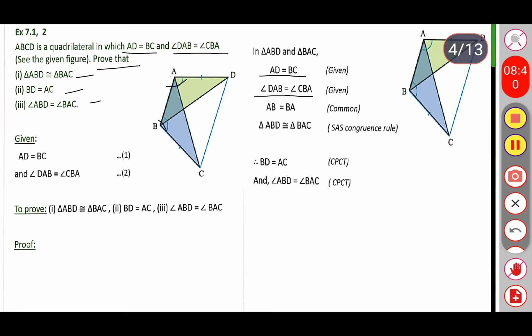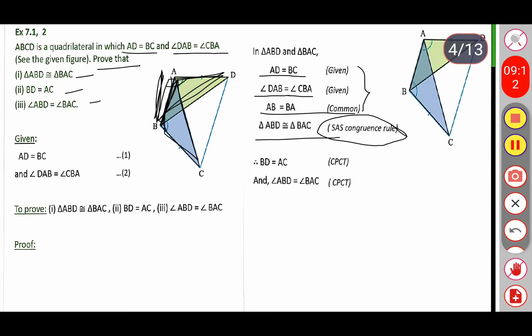So these two angles are also equal. We are having one common side here, AB. AB is the common side for both these two triangles. So with the help of these three data, we can easily say that triangle ABD is congruent to triangle BAC by using the congruence criteria SAS.